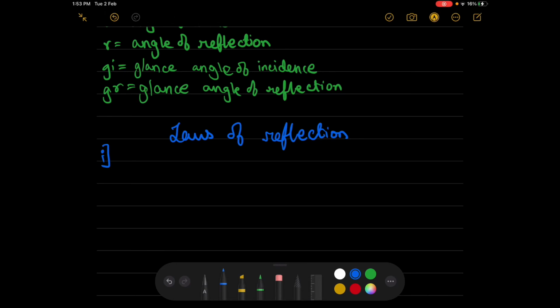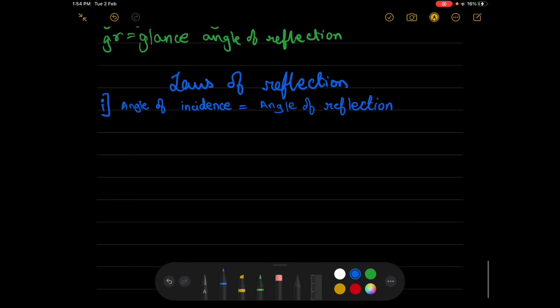And the first one is: angle of incidence is equal to angle of reflection, or angle I is equal to angle R.